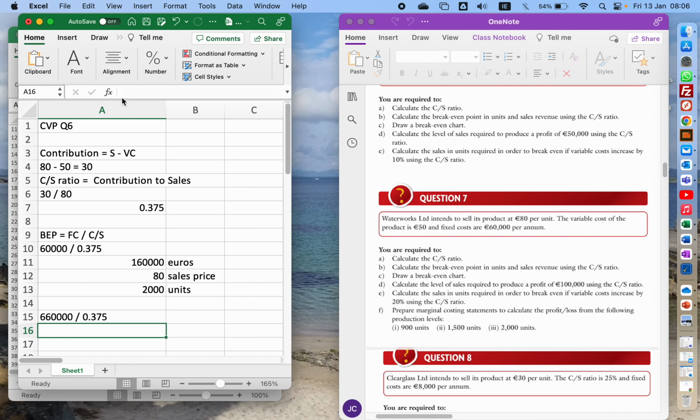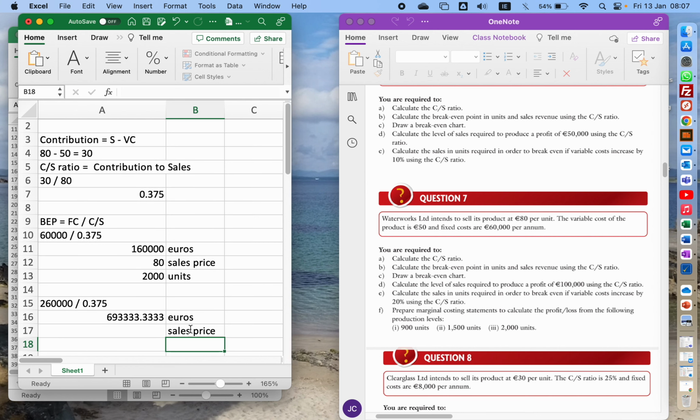So 260,000 divided by the CS ratio of 0.375. That is it, okay, and that's in euros. So now what we'll do is divide by sales price, and that will give me units.